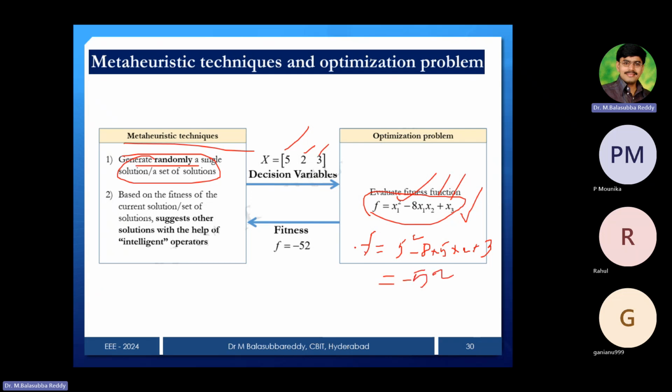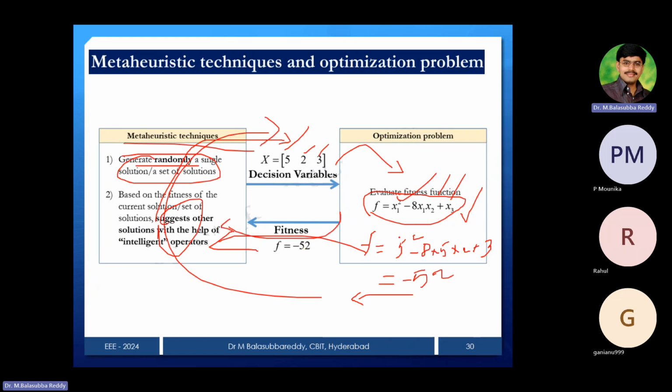And what it will do, it is given to the algorithm, and again it will do the algorithm steps, and the new x1, x2, x3 values will come. Again you put them into the function, the new function value will come, and this process is continuously repeated. Maybe here it is minus 52, and at a later point of time another value will come.